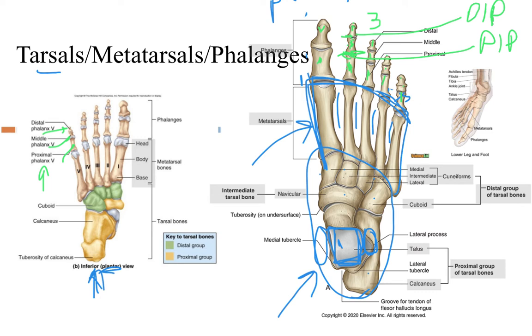Okay, as long as you know what you're talking about and you get that across clear to whoever is evaluating you on this, then either will work. And another thing to keep in mind is that the great toe, again, always on the medial side. Fifth toe, always on the lateral side.